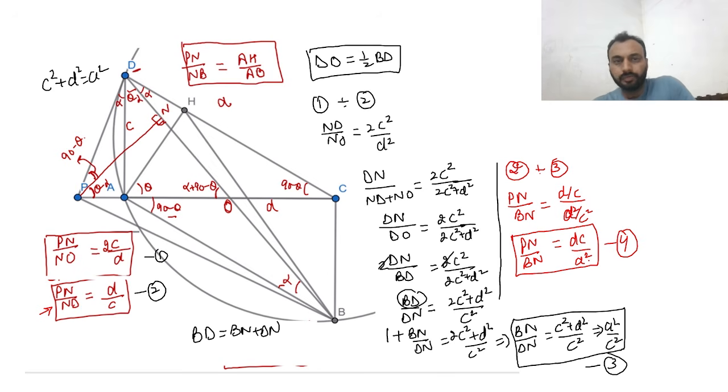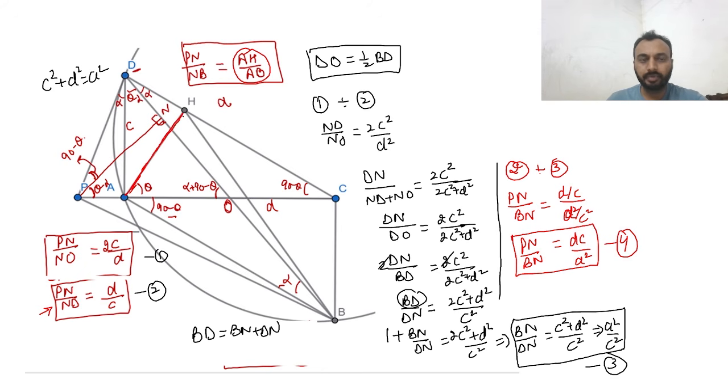So if we find out Pn by Bn, now we have to prove that AH by AB is also the same ratio, dc by a square. Now, this is our AH.